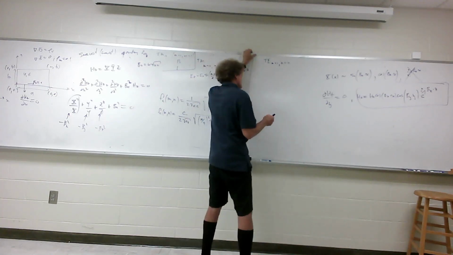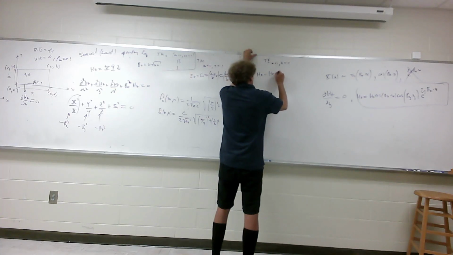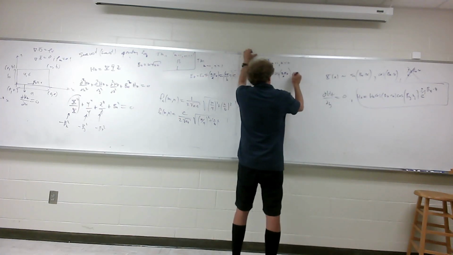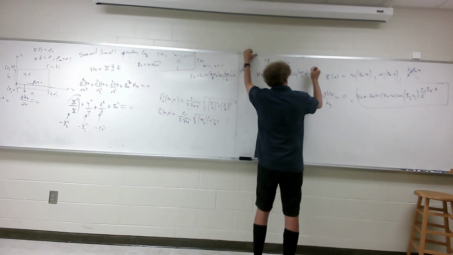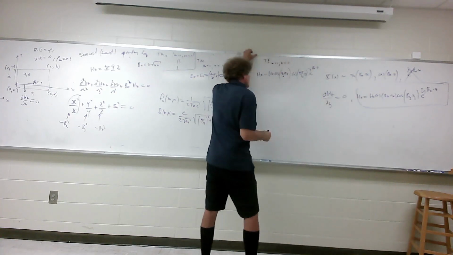Let me tell you a few other things in a second. So this one will have some HZ equal to H naught cosine of M pi over A times X, cosine of N pi over B times Y, times E to the minus J beta Z times Z. That will always be the case.